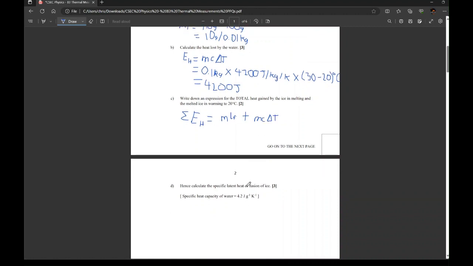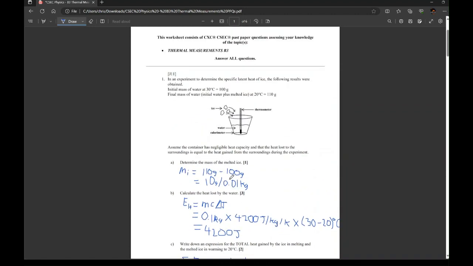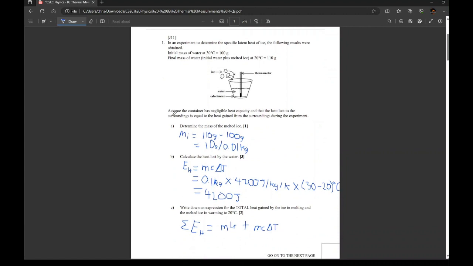And now they want us to calculate the specific latent heat of fusion of the ice. Okay, so to do this, we're going to need to use an important fact here. So remember that this assumption basically tells us that, as we said earlier, the ice and the water are the only two bodies in this experiment that are exchanging heat, right?